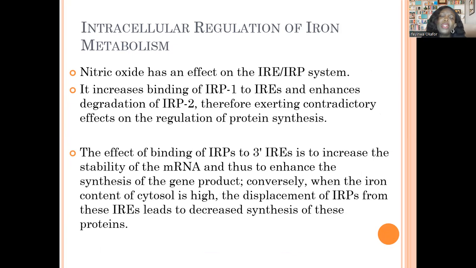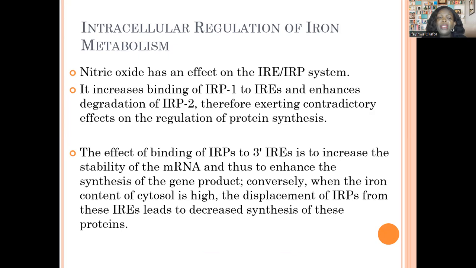Studies have shown that nitric oxide has an effect on the iron-responsive element, iron regulatory protein system. Remember, the iron-responsive element and iron regulatory protein 1 and 2 system helps in intracellular regulation of iron metabolism.